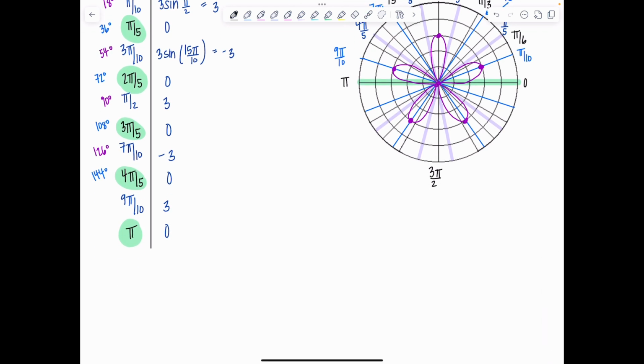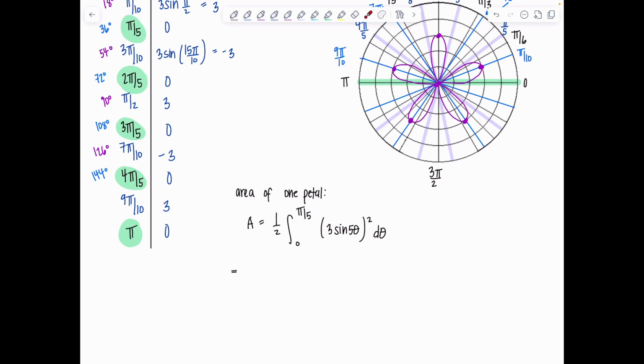If you want the area of one petal, like I said, the graph is not essential to finding this part. It's 1/2 integral from 0 to pi over 5 of (3 sine 5 theta) squared d theta, right? And you would have known to integrate from 0 to pi over 5.